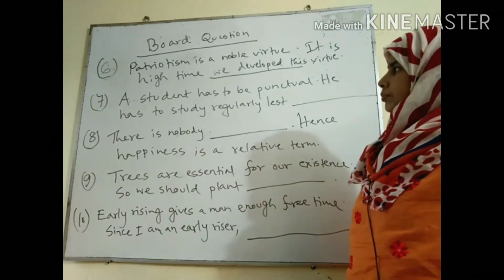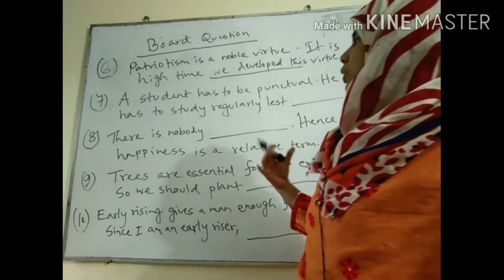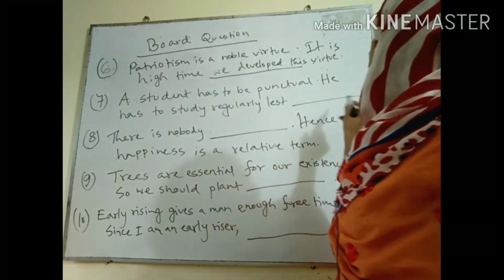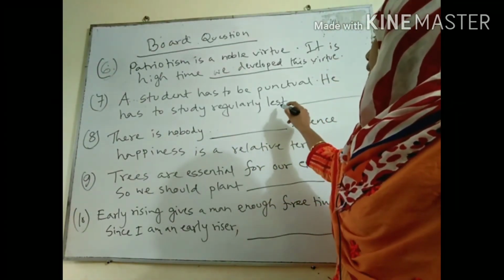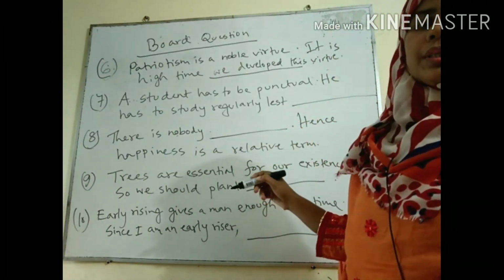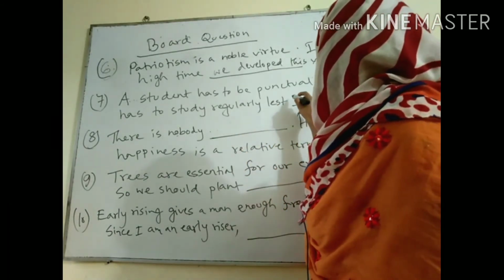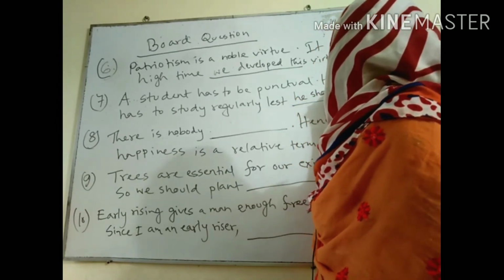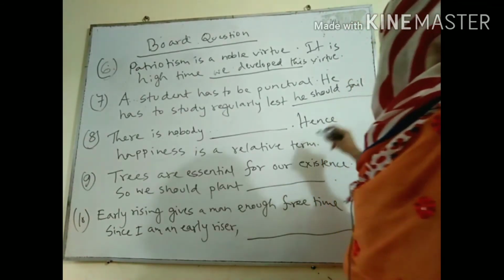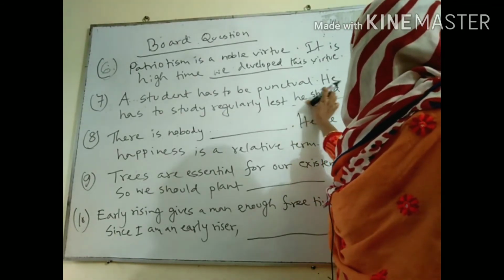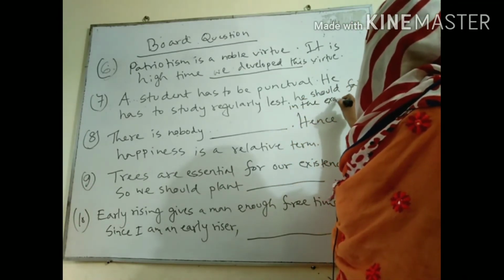Then number 7, a student has to be punctual. Punctual means shomoyanuborti. A student has to be punctual. He has to study regularly, lest, and after lest we have to use subject plus should or might. He has to study regularly, lest he should fail in the examination.